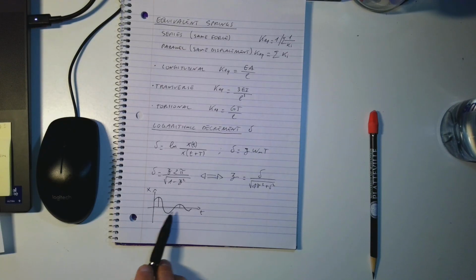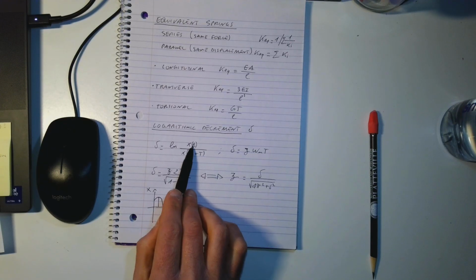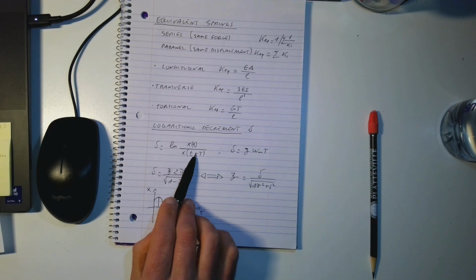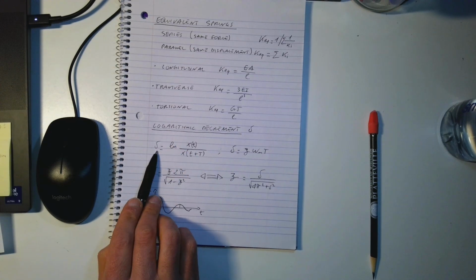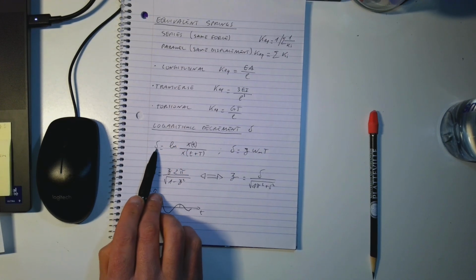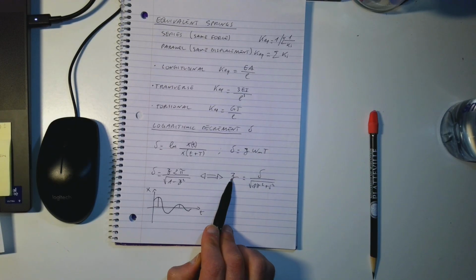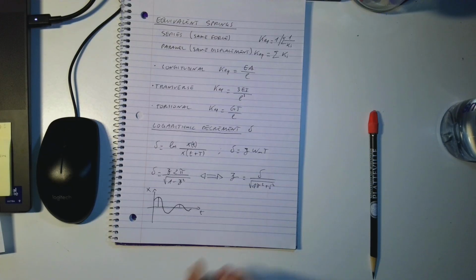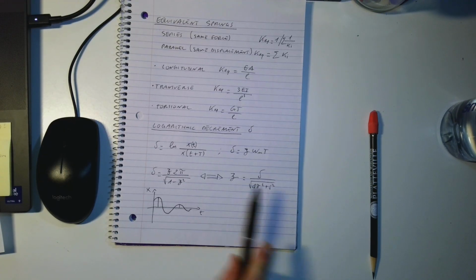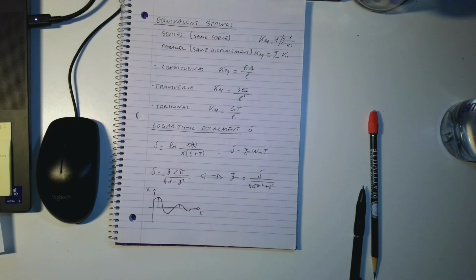Then we can plug these quantities in, calculate delta, and once we calculate delta, we can plug it in here and find the damping coefficient, the damping ratio. This is the damping ratio. Makes sense?